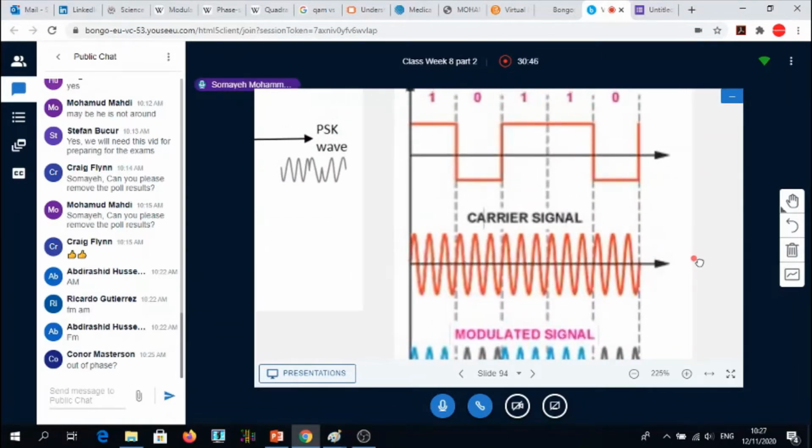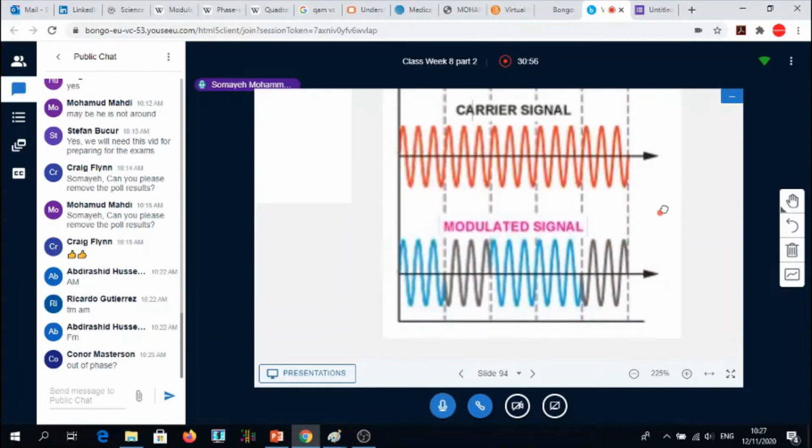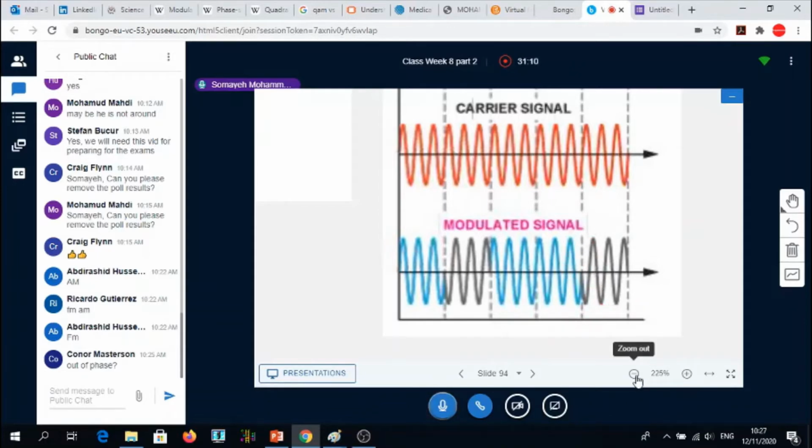Again, later when 1 is changed to 0, we have this sharp drop from high value to negative value, and then at this point the phase is changed and the sinusoid is inverted. Later on, you are going to see how exactly that inversion happens from a mathematical point of view.